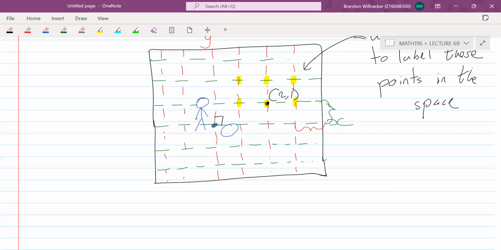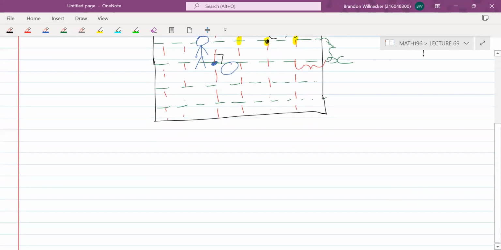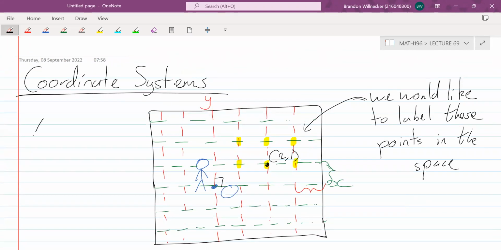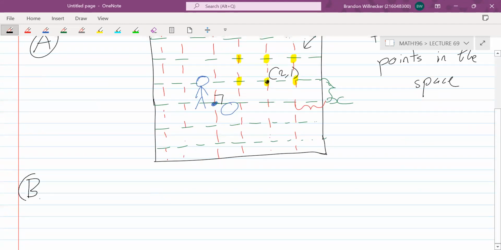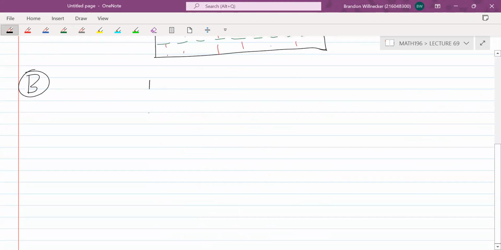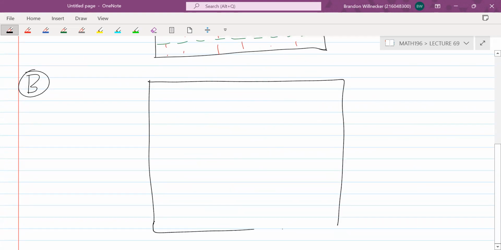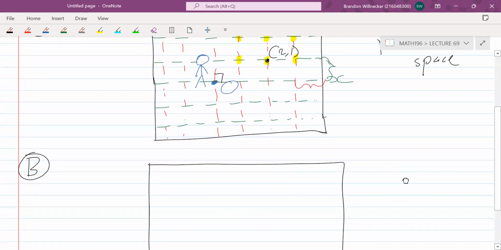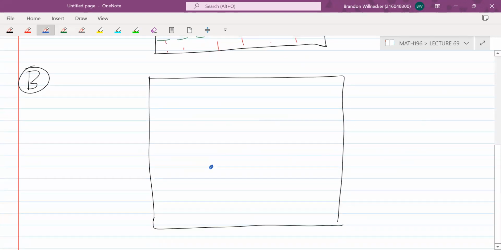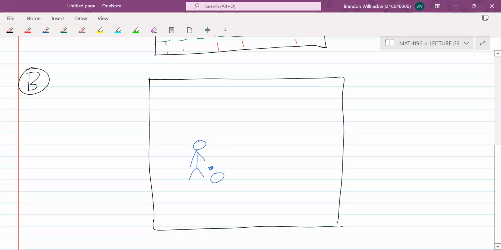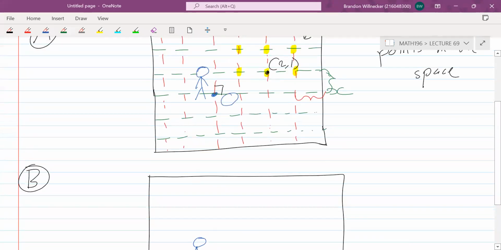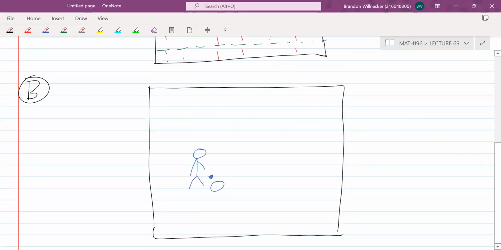So let's do something a bit different and say that these spacings are different for vertical and horizontal. Let's call this system A, and we have system B. We've got exactly the same field, and let's say we pick the same origin O. But now the horizontal spacing and the vertical spacing, I'm going to make different.